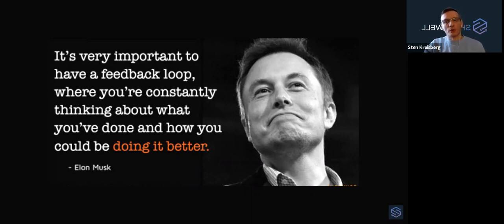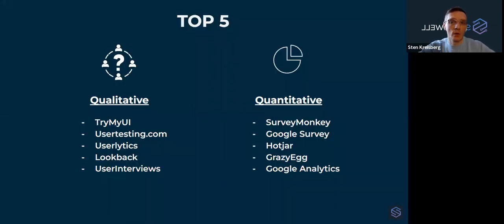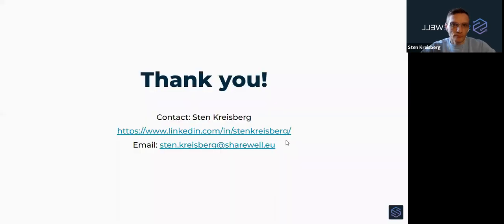Here are some quick examples, the top 5 on qualitative: Try My UI, user testing, user analytics, Lookback, and also user interviews. With quantitative, there are usually surveys, SurveyMonkey, Google Survey, Hotjar, Crazy Egg, and Google Analytics, really good tools.